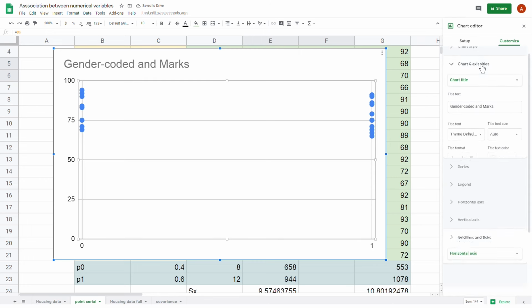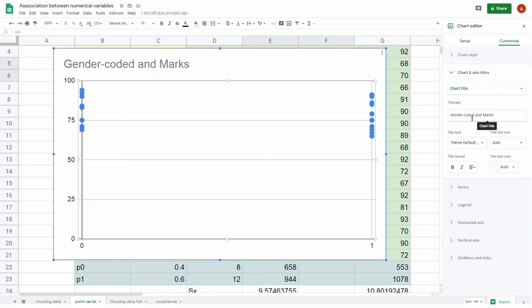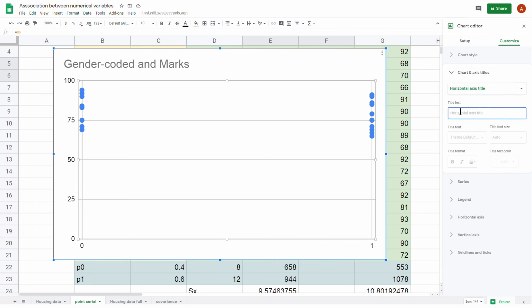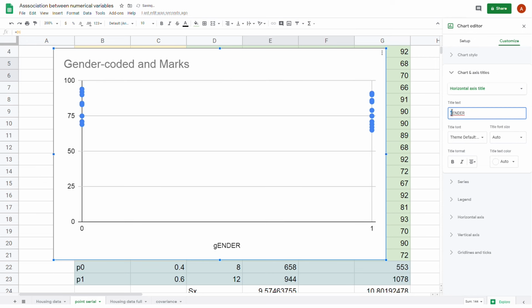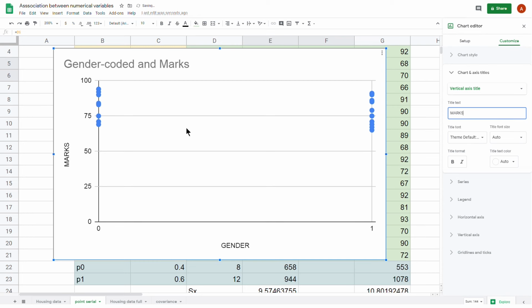I again go back to my titles. The title is gender coded versus marks. On my horizontal axis, I have gender, and on my vertical axis, I have marks out of 100. The way I can interpret this scatter plot is, you can see that 0 represents a male here and 1 represents a female here.